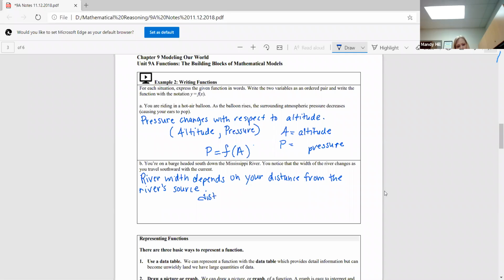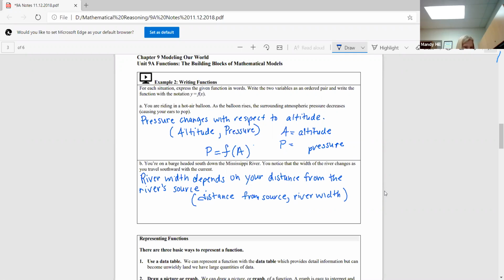So the distance from the source, comma, river width. This is my independent variable. This is my dependent variable.